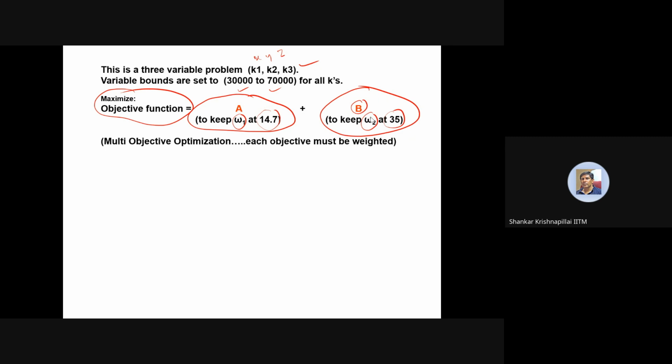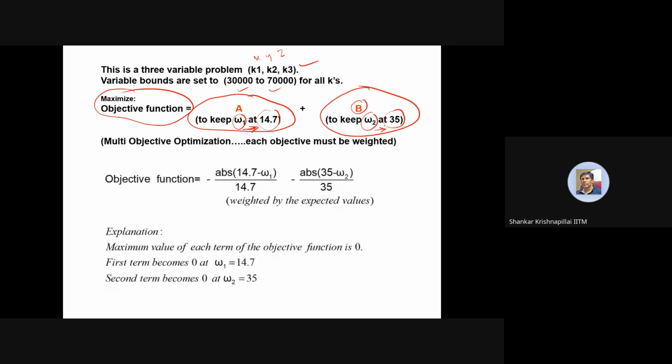So this is also called multi-objective optimization. How is this done? The objective function must reach a maximum value when omega 1 reaches 14.7 and simultaneously omega 2 reaches 35. So how do you write such an objective function?